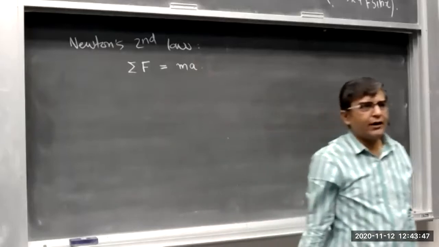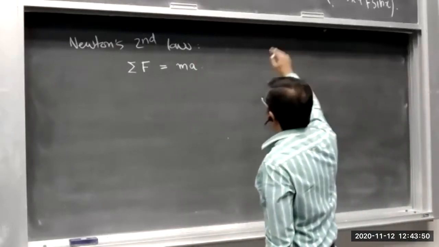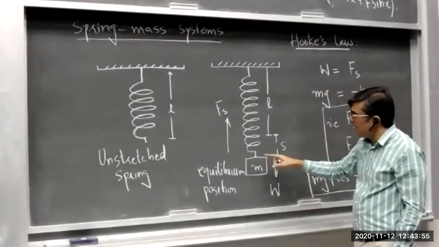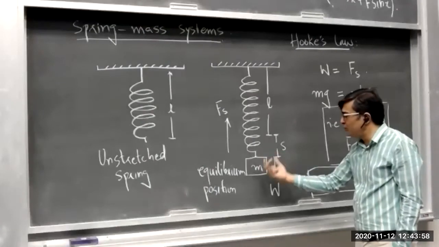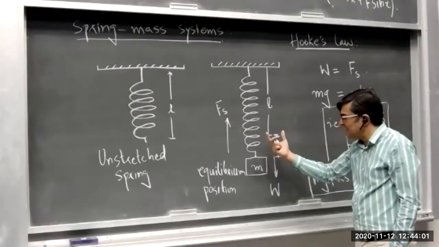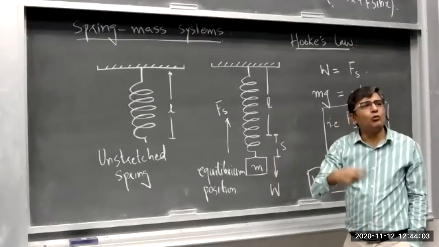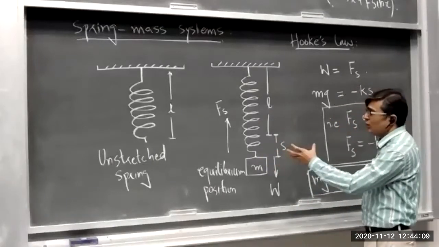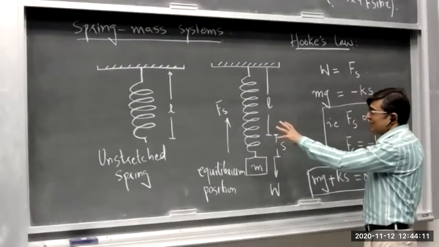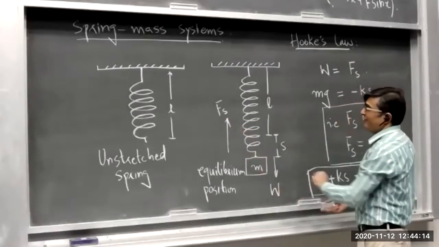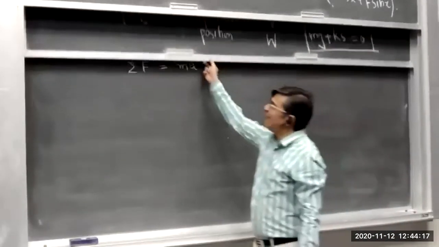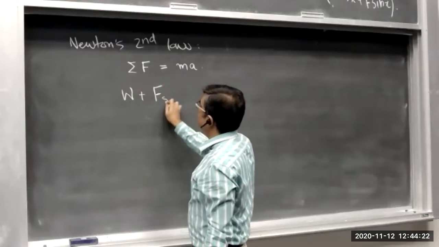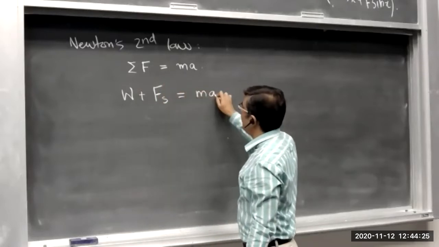Now, how many forces act on this mass when we pull it and leave it and it starts oscillating? We are assuming that only two forces act on this spring mass system: the restoring force and the weight force. So the sum of forces, the weight force plus the restoring force, must be equal to m times a.